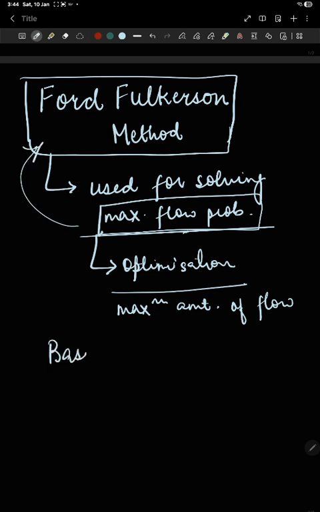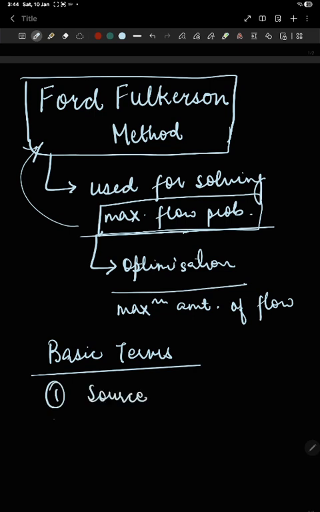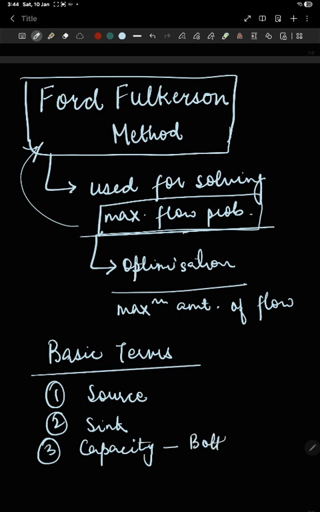Now the basic terms that are included in this method are: first, source; second, sink; third is capacity. In capacity we mean bottleneck and residual capacity.